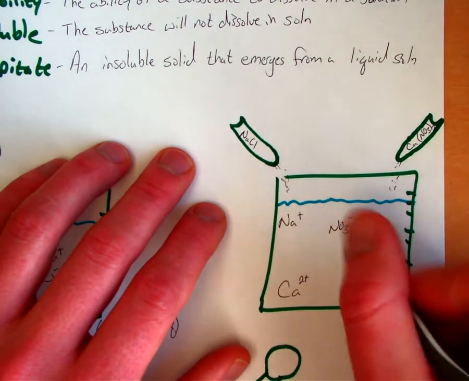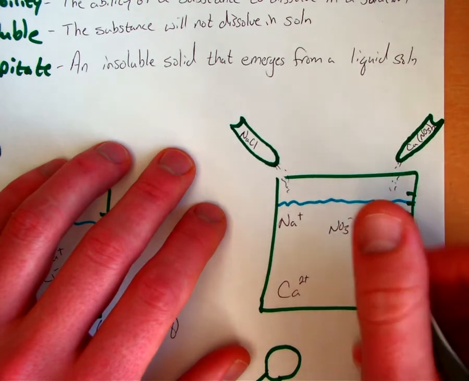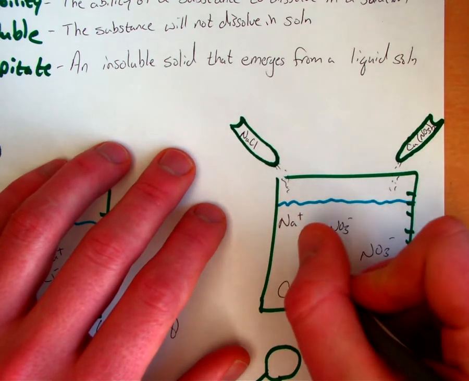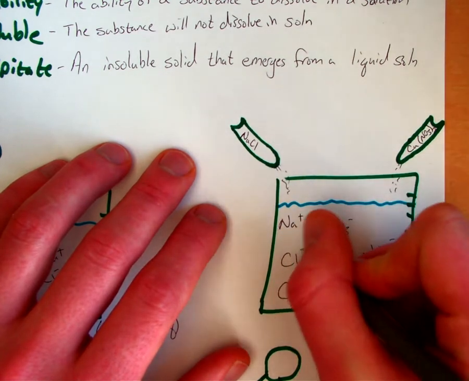So these all separate, and they intermingle, they bump into one another, and since none of them are really attracted to one another, they're going to continue to exist as they are.